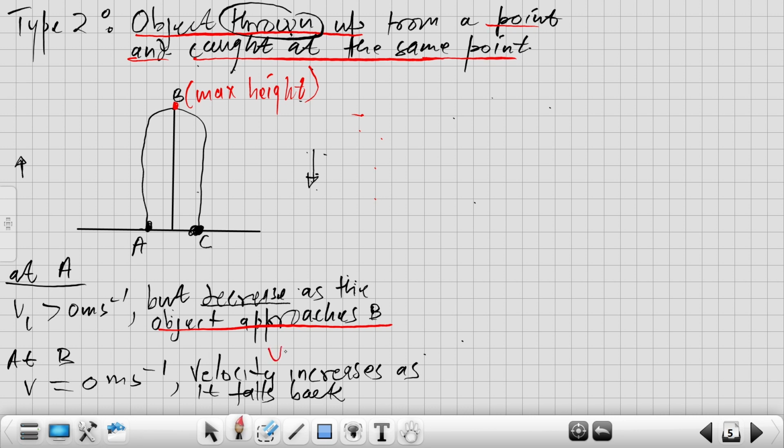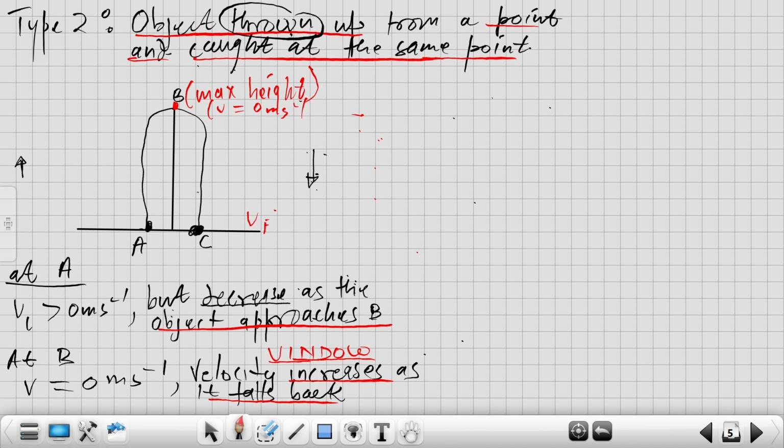The analogy of a window. Now, the velocity increases when an object is moving down. So I can now understand fully that the velocity is going to move here with V equal to 0 meters per second, and then V here, let's call it V final, will be greater than 0, obviously.